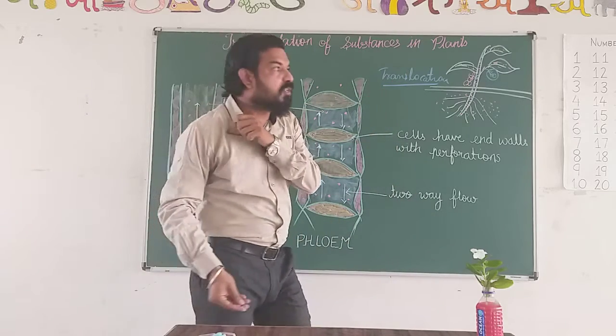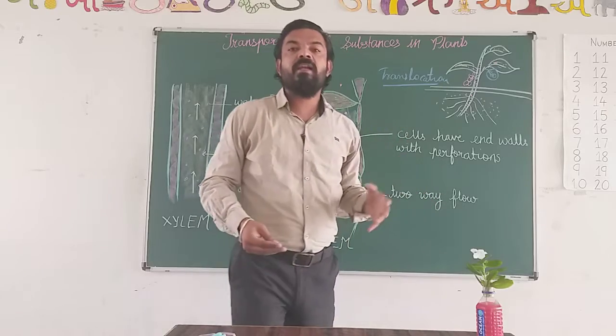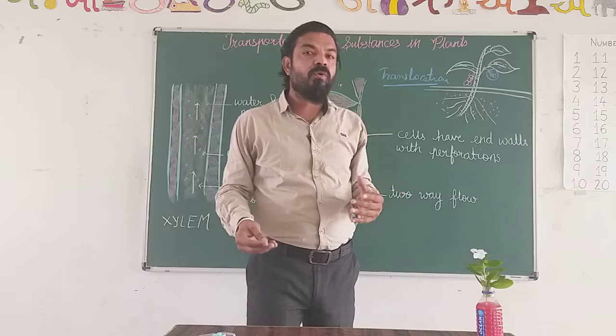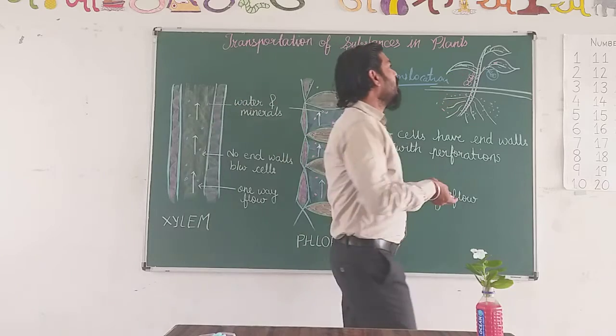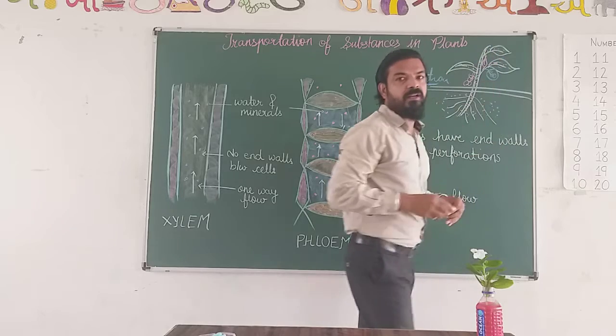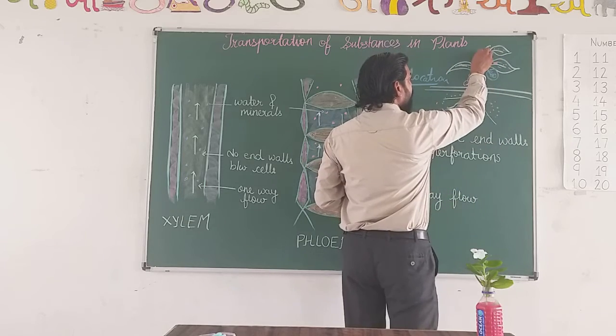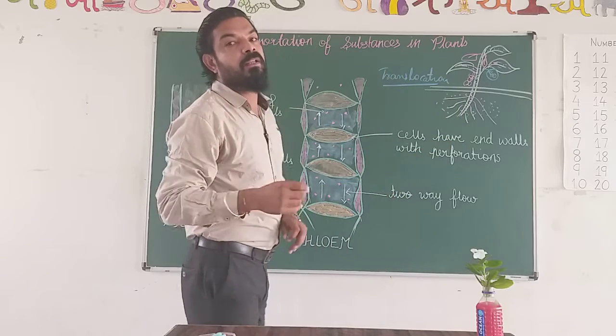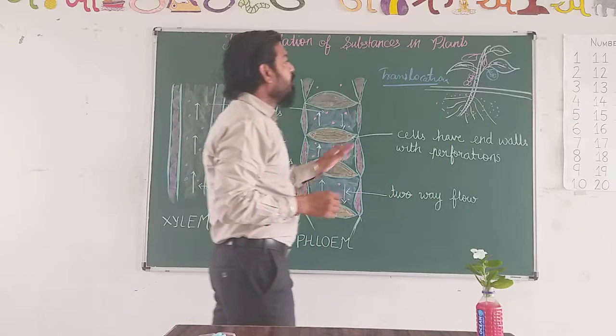So is it possible for the phloem to give the fruit to the upper part of the plant only? No. Suppose here it is the mango. Is it possible for the mango to go in the upper direction? Not possible.